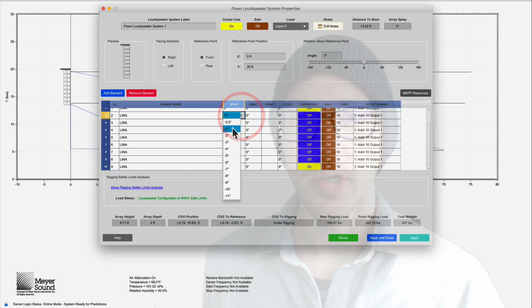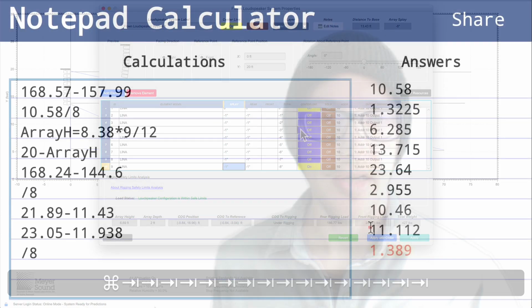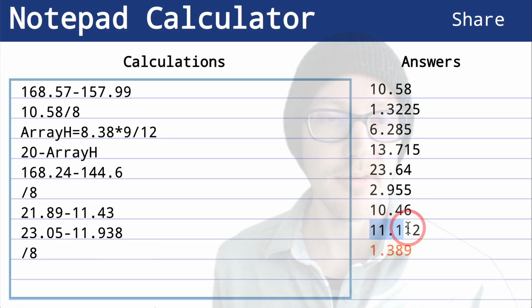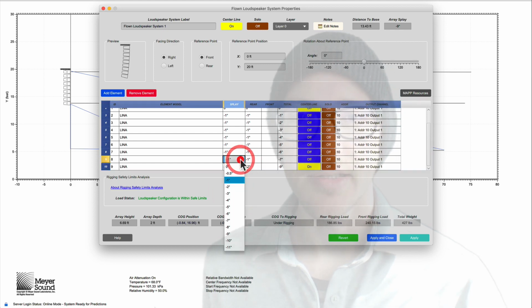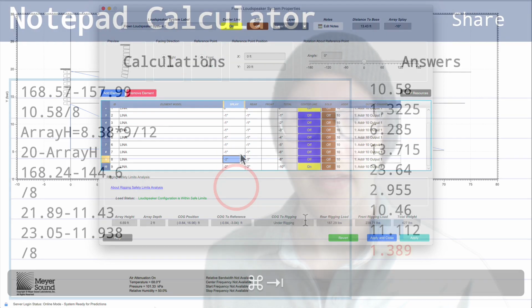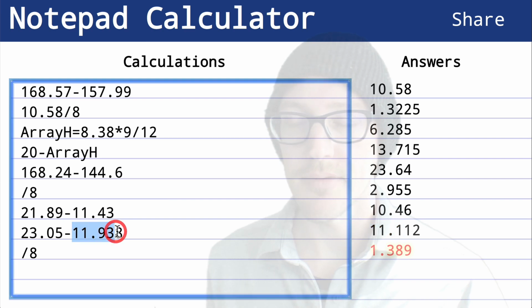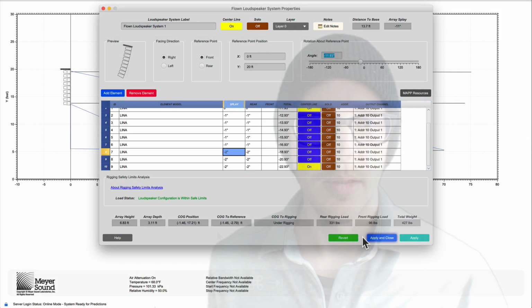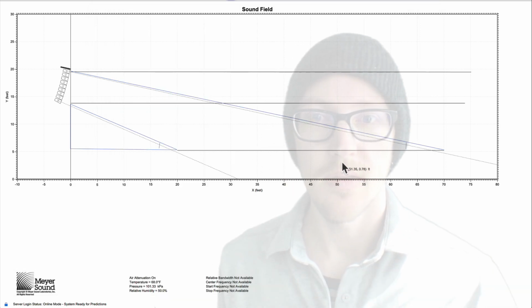Let's put in 1 in all of these. And we don't need 8, right? We need a total of 11.11. So let's keep putting numbers in here until we get up to 11. And we even know the down tilt already, right? It is 11.93. Applying close. Turn on our center lines.